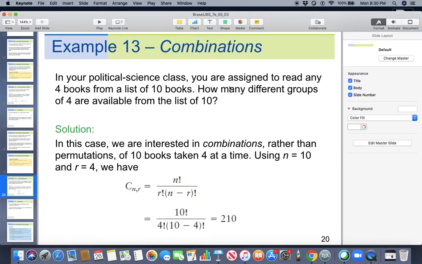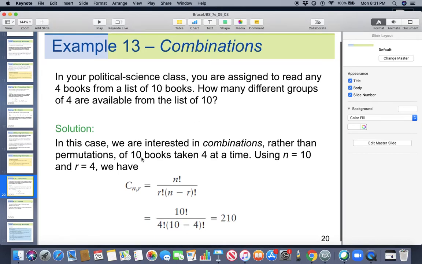In your political science class, you are assigned to read any 4 books from a list of 10. Order doesn't matter. How many different groups of 4 are available from the list of 10? In this case, we are interested in combinations rather than permutations. Repeat, if order matters, you look for permutations. Here, the order of the books does not matter, so you're looking at combinations. So you are looking at C(10,4). n is 10, r is 4.